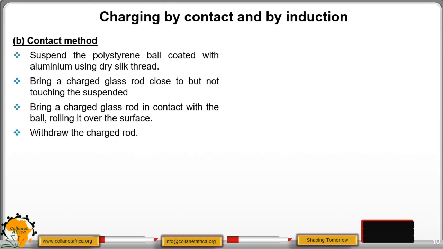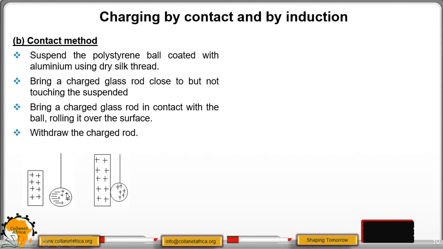Then withdraw the charged rod. We are saying that in the first procedure, you have brought your glass rod close to, and as you can see, the negatively charged particles are attracted and the positively charged particles are repelled. Then after that, you roll over.